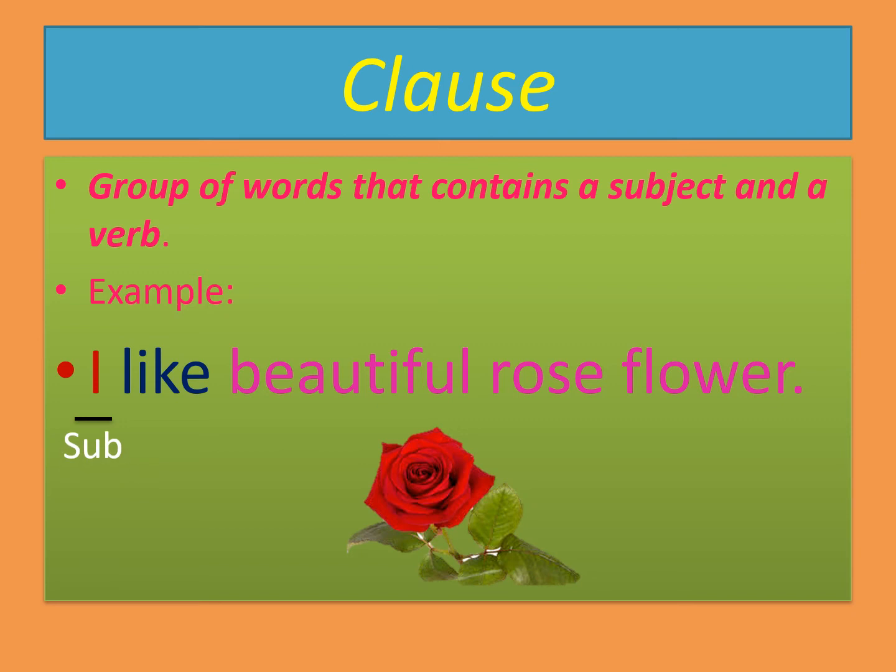I is the subject. What is the verb? Like is the verb. So both subject and verb are there in the sentence. So we can call this a clause. So a clause is a group of words that contains a subject and a verb. Okay.